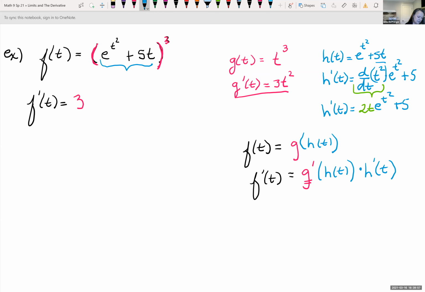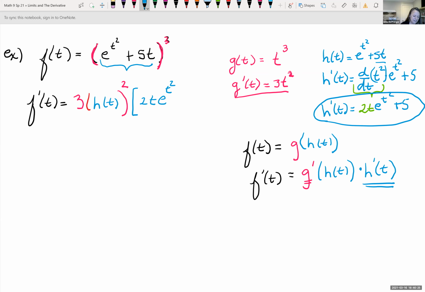So this is 3 h of t, and then it was squared, times the derivative of the inner. So the derivative of the inner was 2t e to the t squared plus 5.